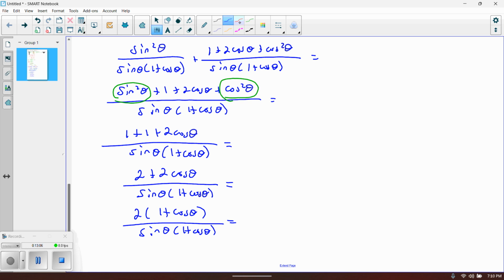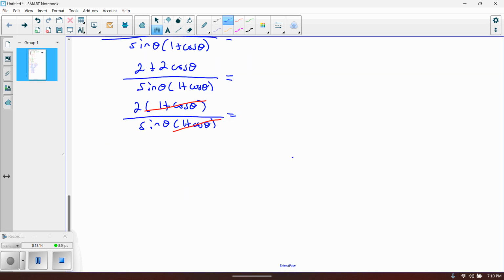And now we should see that that 1 plus cosine theta on the top and on the bottom are going to go away, which is going to leave us with 2 over sine theta. And of course, sine theta's reciprocal is cosecant, so this is 2 cosecant of theta. So that one did work out.